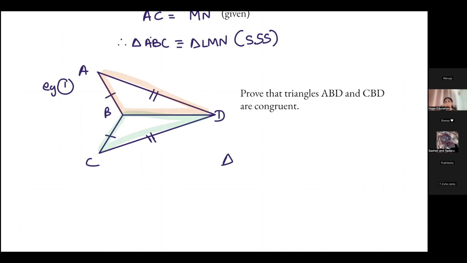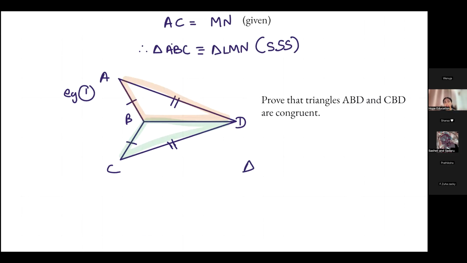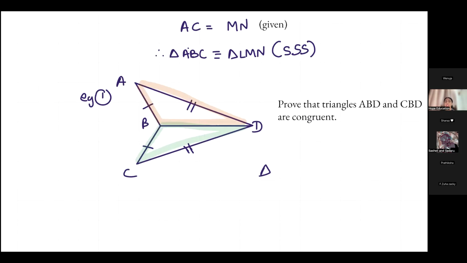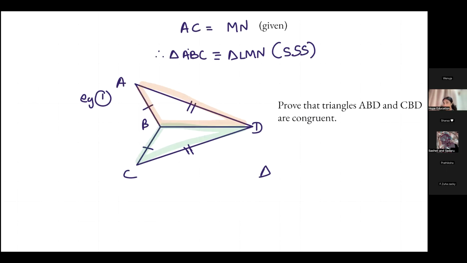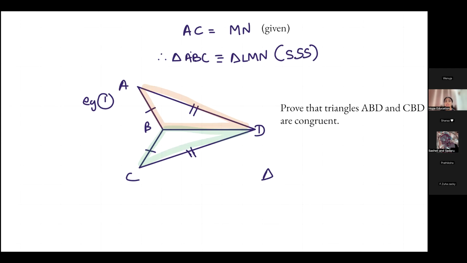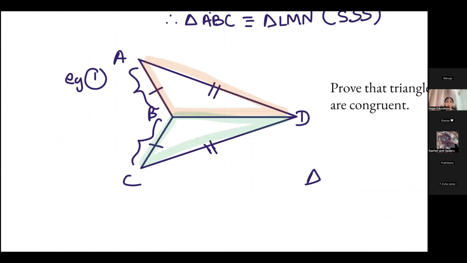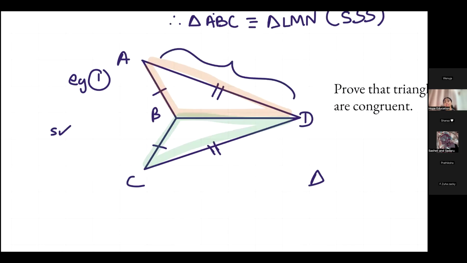First of all, what are the elements which are equal? We can see from the diagram the side AB is equal to side BC. That means we have one side pair. We can also see AD is equal to CD, so we have another side pair.